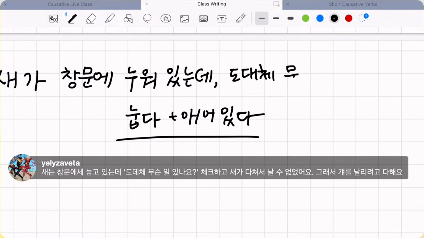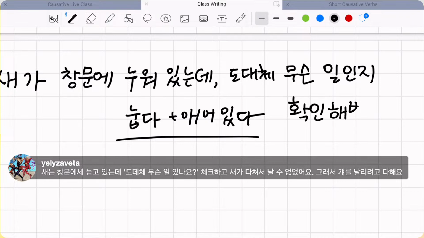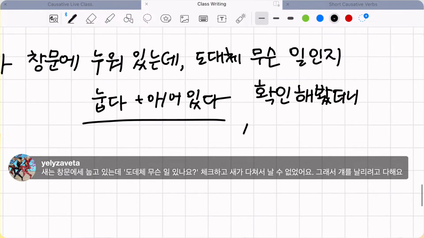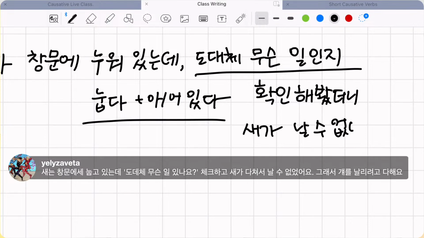도대체 무슨 일인가? 무슨 일인지 확인해 봤더니 새가 you checked what on earth has happened. 확인해 봤더니 새가 날 수 없었어요.